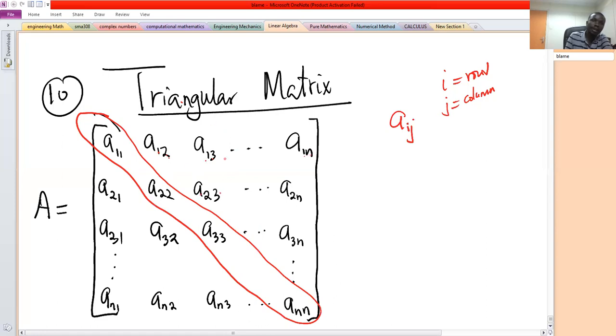So in this region, i is always less than j. But in the other region, 2 is greater than 1, 3 is greater than 1, 3 is greater than 2, n is greater than 1, etc. So here, all i's are always greater than j's.